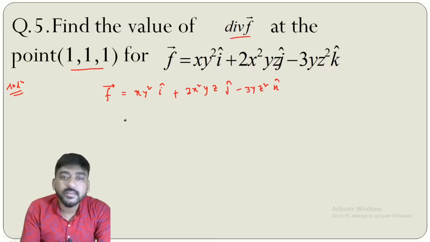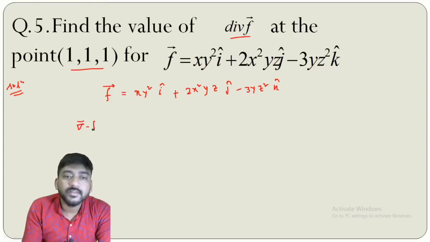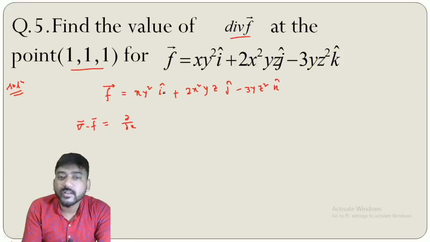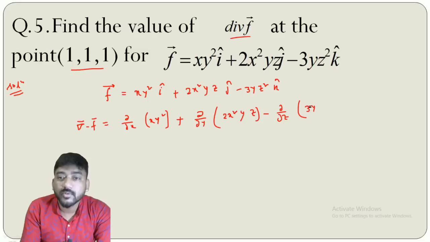So what is divergence f? Divergence f will be del x of the coefficient of i, plus del y of the component of j, that is 2x square yz, minus del z of the coefficient of k cap, 3yz square.